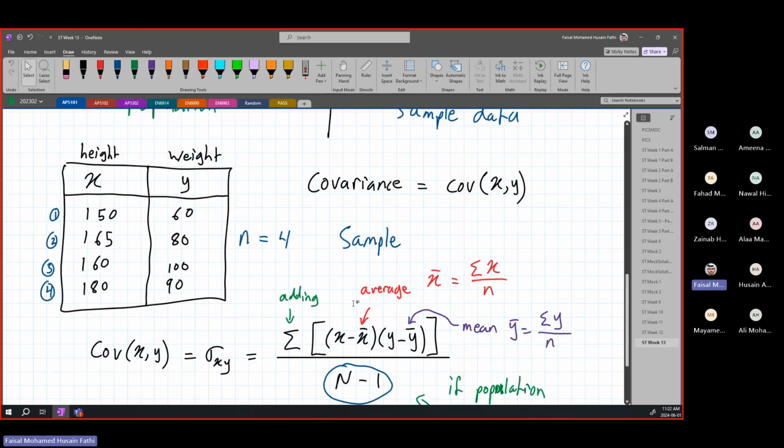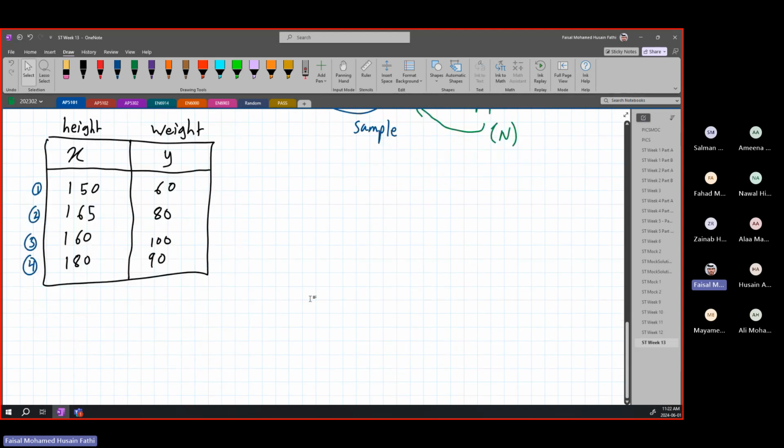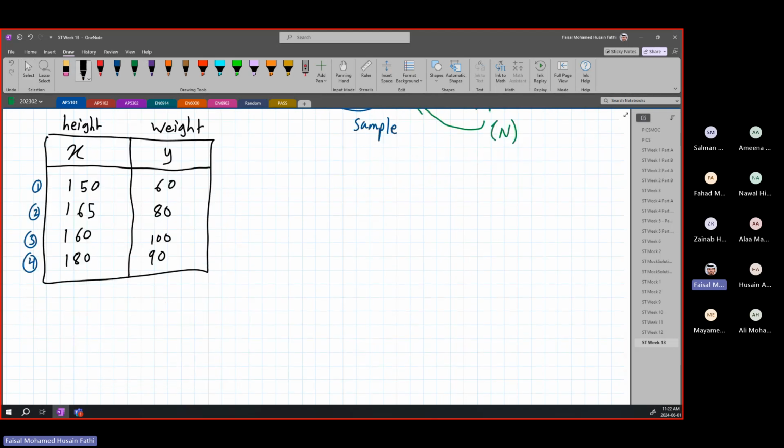The very first step when you have such a table of data points is to find out the value of n. Here we found n is equal to 4.